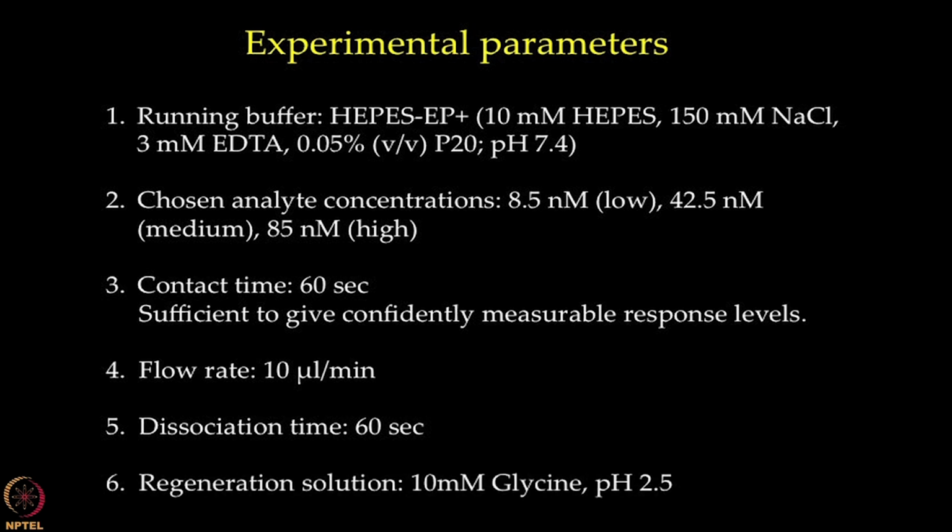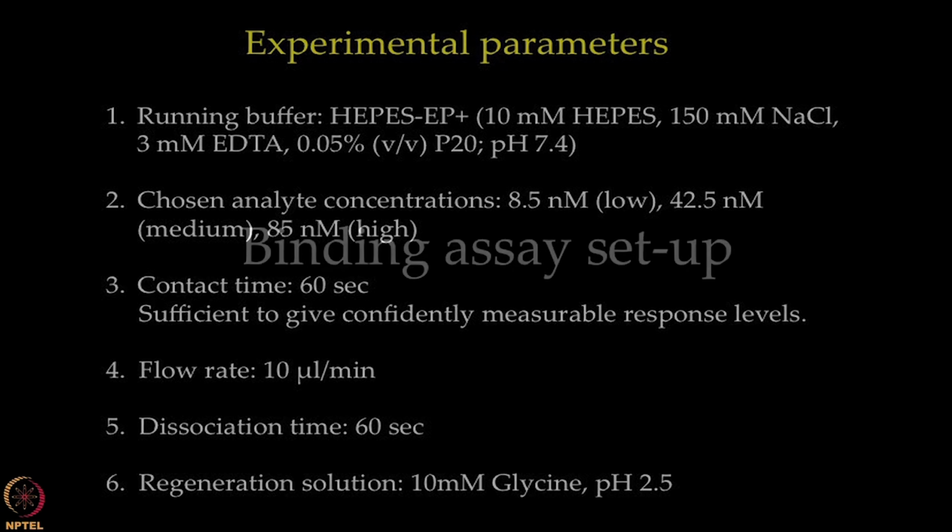An ideal regeneration condition is one where the analyte response of the same concentration is constant after repeated injections. Today, we will be using 10 millimolar glycine pH 2.5 for regeneration of the surface. We will now proceed with our binding experiment protocol.